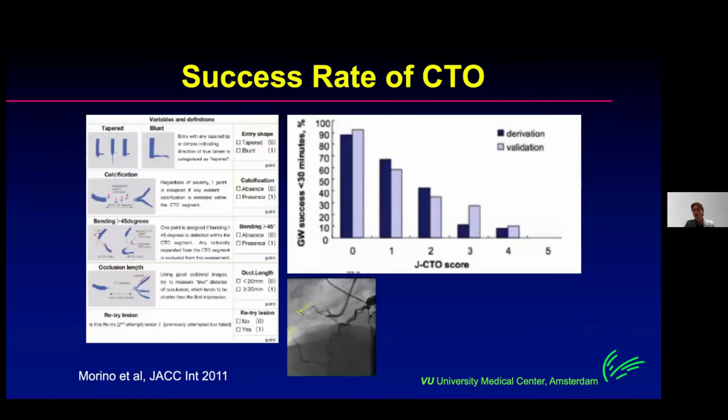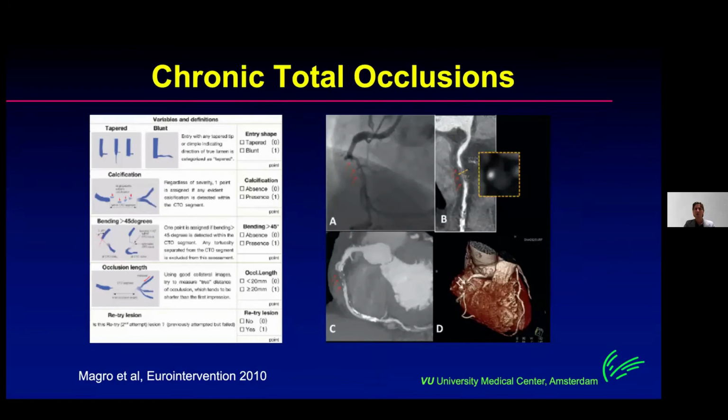And we know it's very difficult to predict whether they do or do not have success in terms of antegrade wire escalation, which is the mainstay in most of the centers in Europe and the United States. So it's very interesting that the score based on invasive coronary angiography can be mimicked by CT-based coronary angiography.